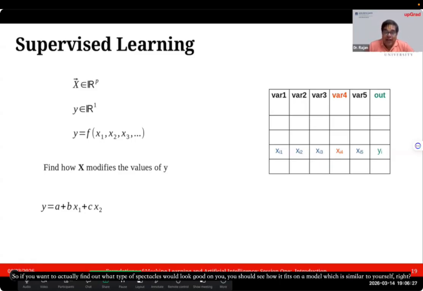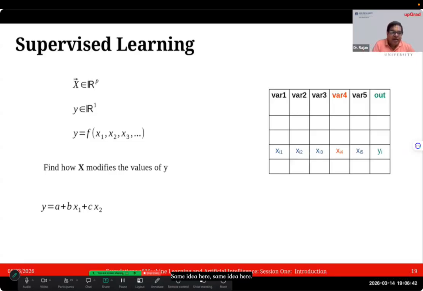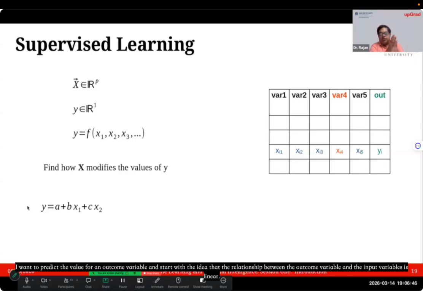So if you want to find out what type of spectacles would look good on you, you should see how it fits on a model which is similar to yourself, right? Same idea here. We start with an idea: I want to predict the value for an outcome variable, and I start with the idea that the relationship between the outcome variable and the input variables is linear.